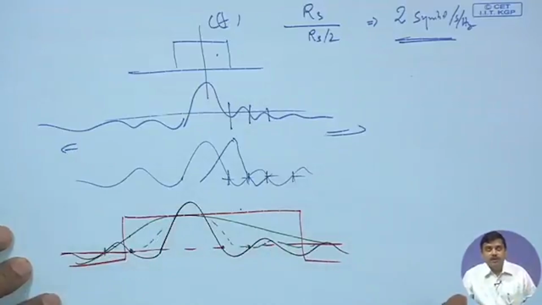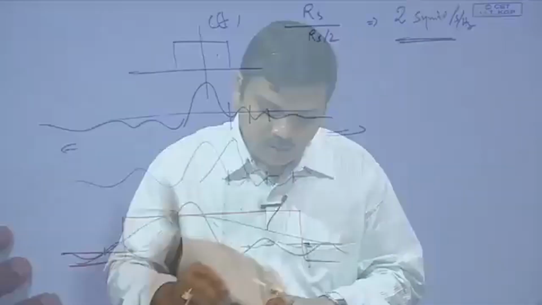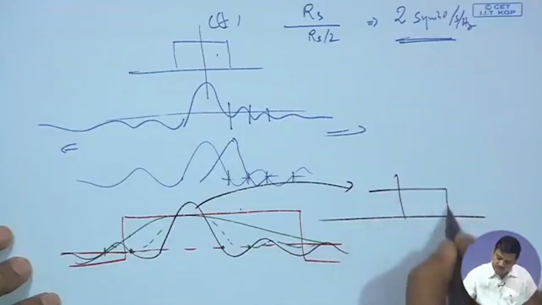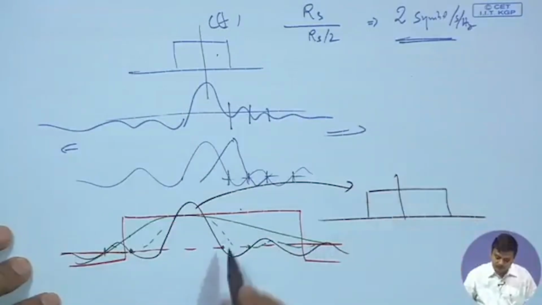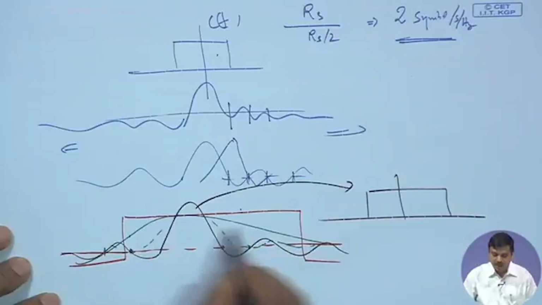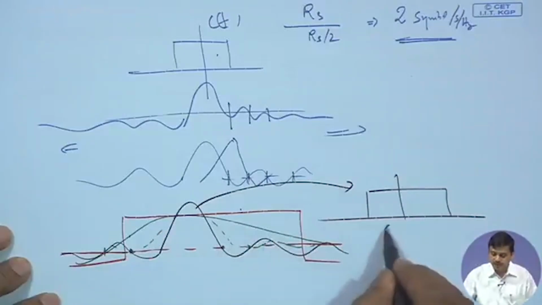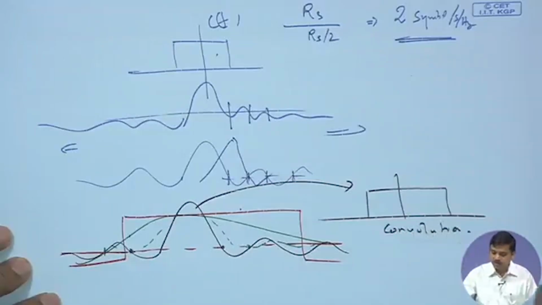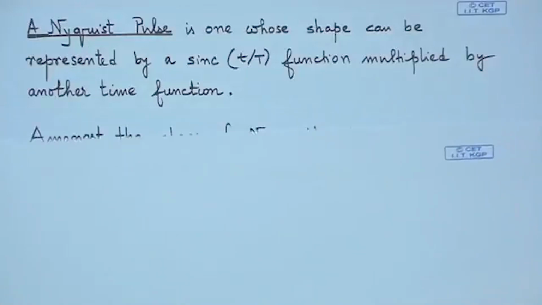So, in the frequency domain, what happens? It is a convolution. This produces in the frequency domain a rectangular pulse, and this will produce some frequency domain structure. So, time domain multiplication would mean frequency domain convolution. That is why we said it is convolution in the frequency domain.